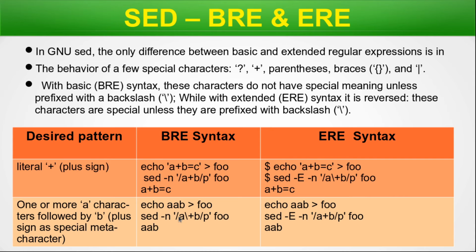Plus means one or more times, so a comes here one or more times, that is two times here, and then b. So this will not match a plus b; rather, if it is ab or aab or aaab, then this regular expression will work here. And on the right hand side, to do the same, we just give the plus sign and remove the backslash. So this is the basic difference between the BRE syntax and the ERE syntax.